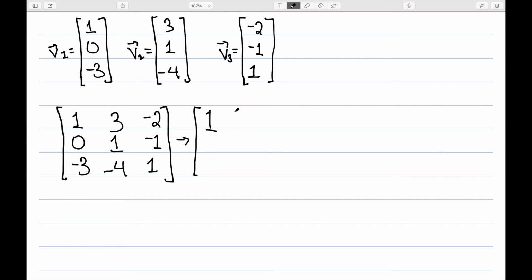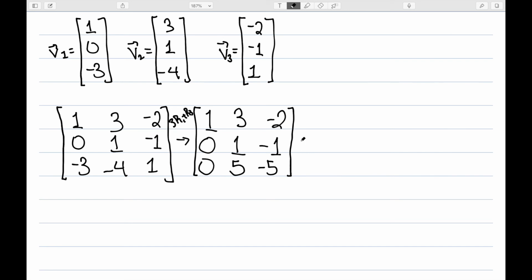I already have my first 1, and I have a 0 below it. I just need to get the other 0 below it. I'm going to add 3 row 1 plus row 3. So that's 3 minus 3 is 0, 9 minus 4 is 5, and negative 6 plus 1 is negative 5.